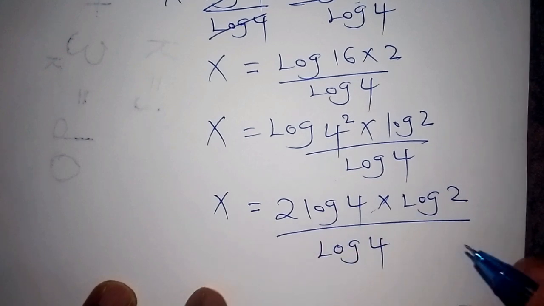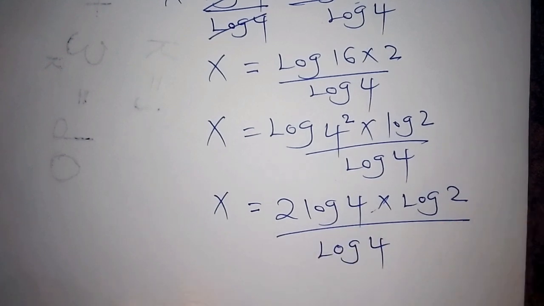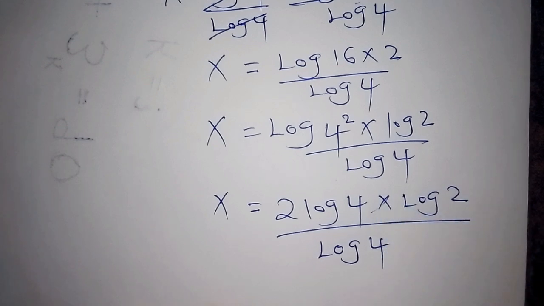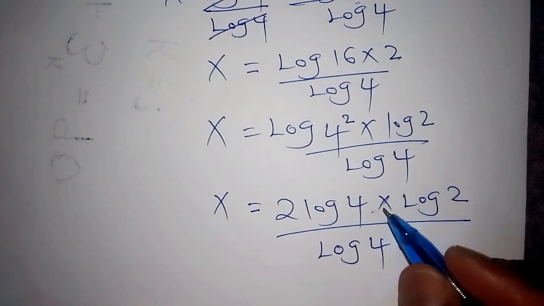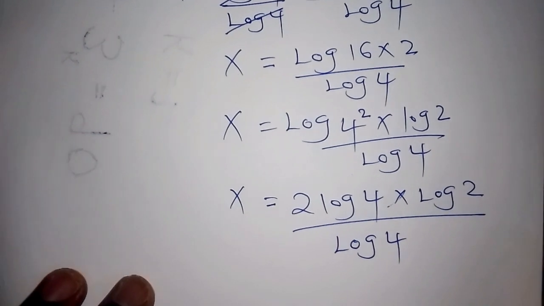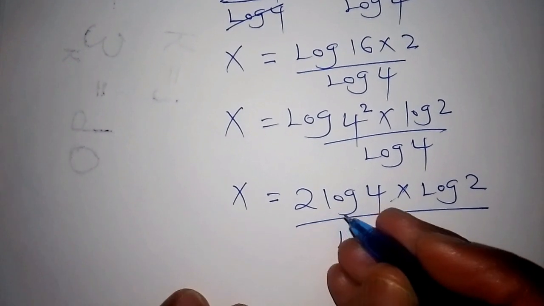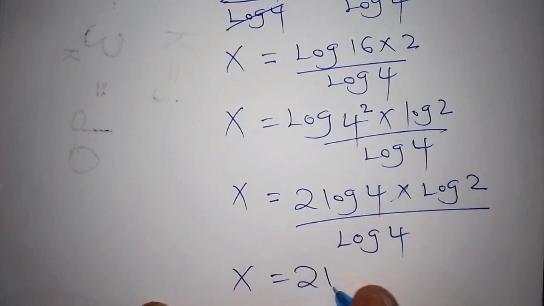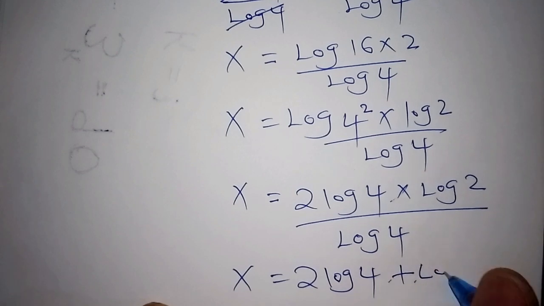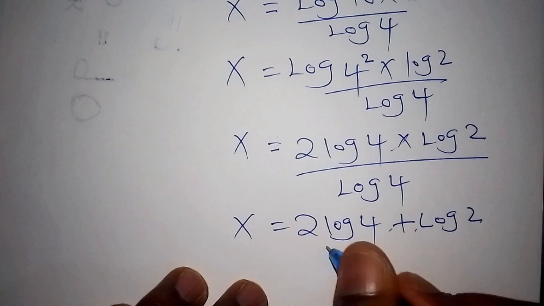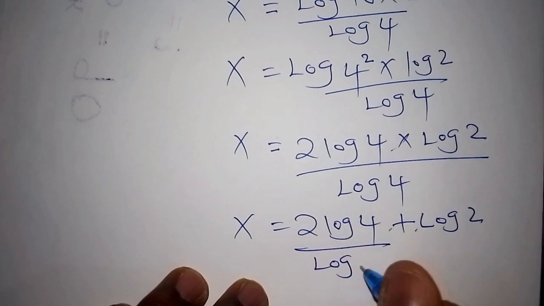In this case we can split them, because we have the multiplication sign, we can also change it to an addition sign. So how will it be? x is equal to 2 log 4 added to the log of 2, and all of them we shall divide by the log of 4.